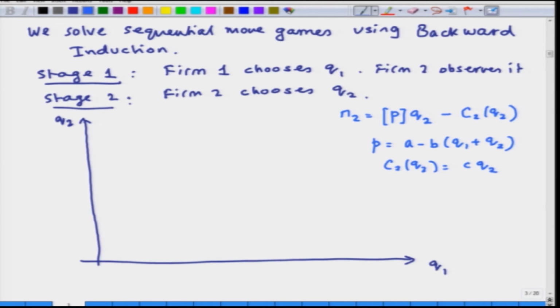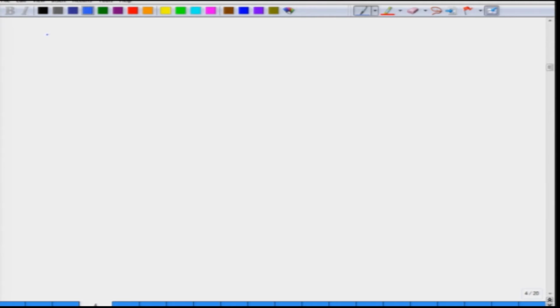So, if I were to write down firm 2's profit function, it would be A minus B times (Q1 plus Q2), which is the price, times the quantity Q2, minus the total cost, which is C times Q2. Right.